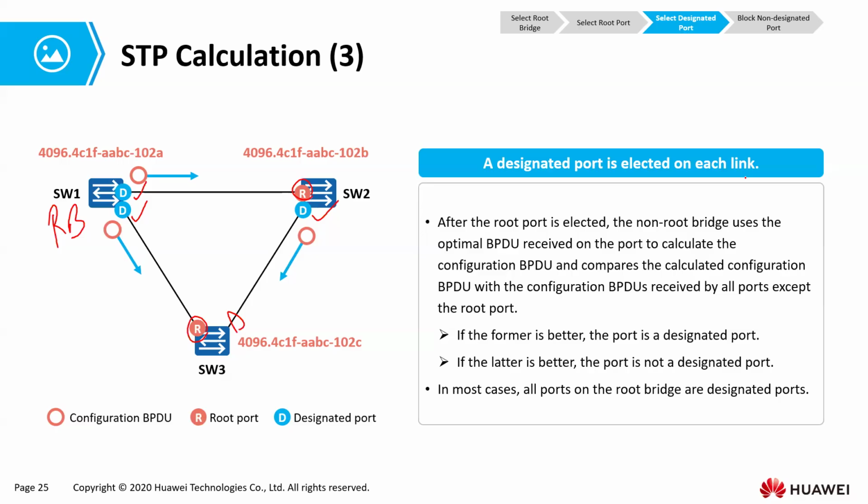So in this example, if I take a look at this one, I know this will be a blocked link here, a blocked port. So I take a look at my BIDs and my switches. The one with the lowest stays designated. So the one with the lowest here stays designated. The one with the highest, this one becomes the blocked port here. So it is no longer designated, it is called a blocked port, or non-designated in this case.